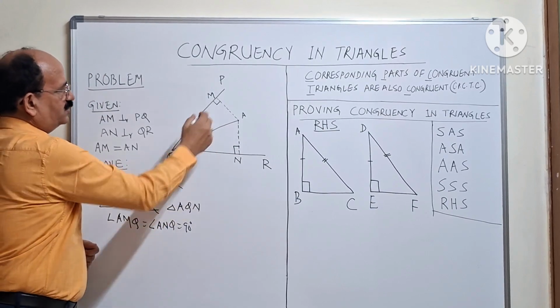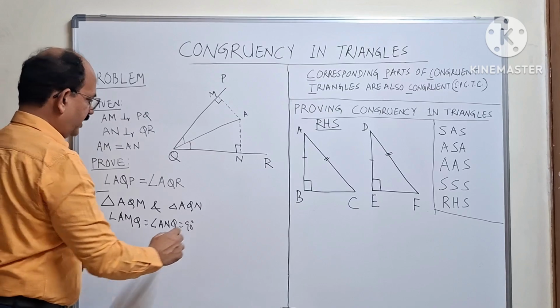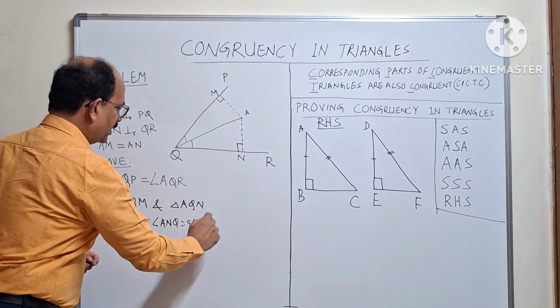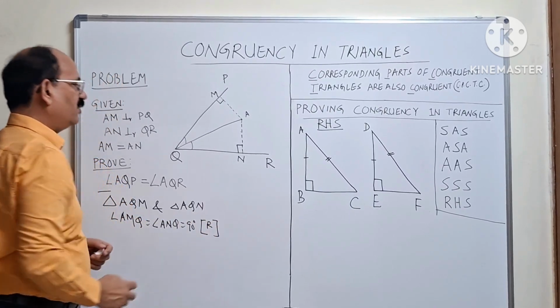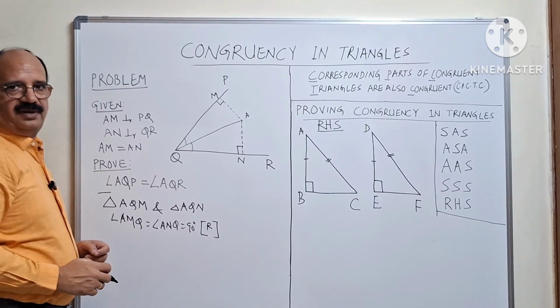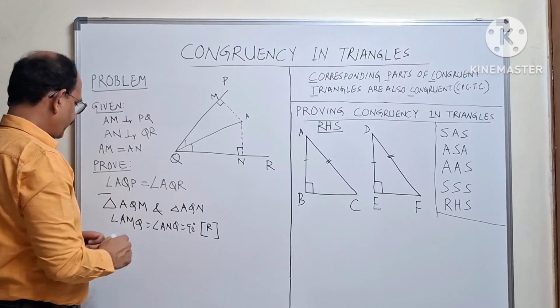Okay, these two angles are at 90 degrees. So the right angle part of the RHS criterion is obvious.